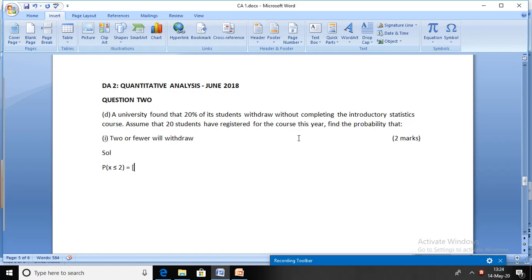That means we either have 0, so the probability of 0, or we have 1, that's the probability of 1, or we have 2, that's the probability of 2.